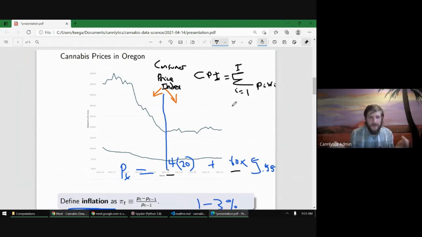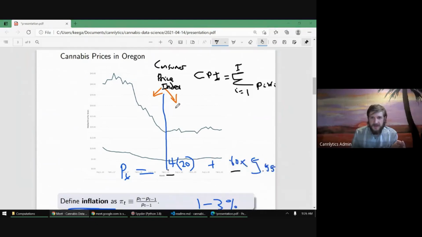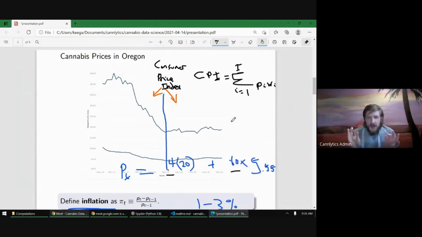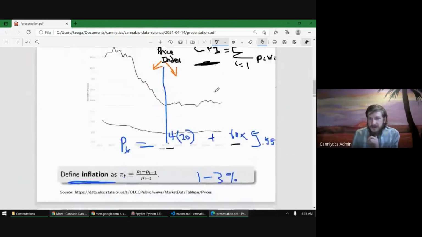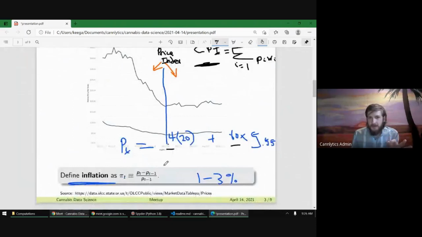So the actual number, the nominal value, is not that important so much as the direction. What is important is inflation.